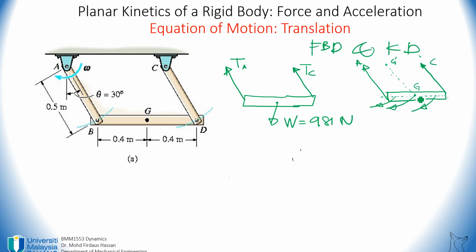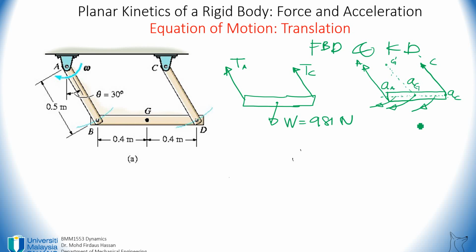If you find the acceleration at any point, it represents the acceleration for each point. For example, AC is equal to AG. It gives you the same value.